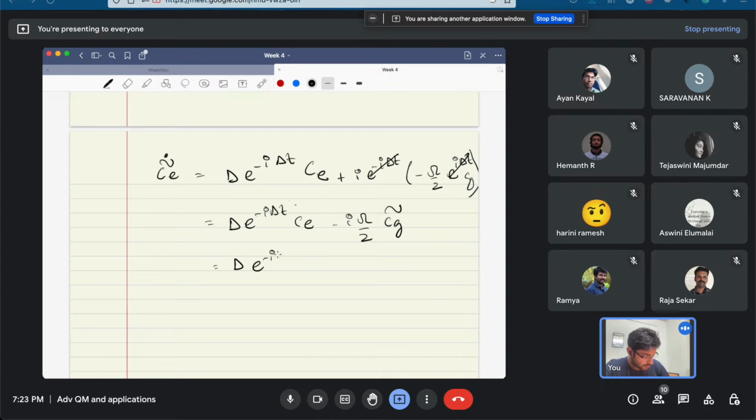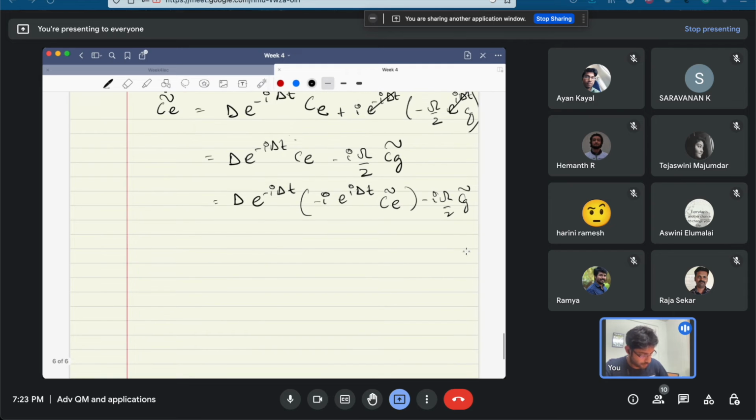So this essentially comes in the form minus i e to the power i delta t CE tilde, i omega by 2 CG tilde. Now this part gets cancelled out too, so we are essentially left with minus i omega by 2 CG tilde plus delta CE tilde.